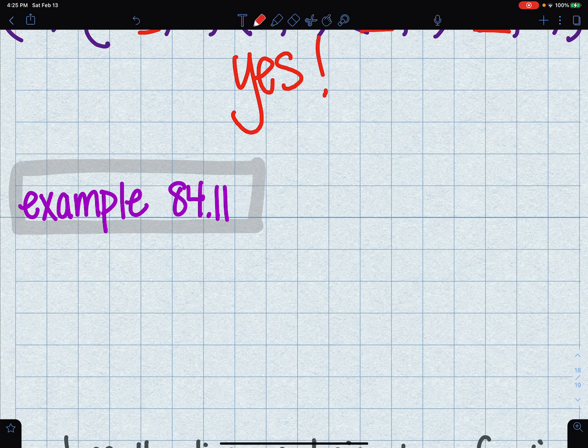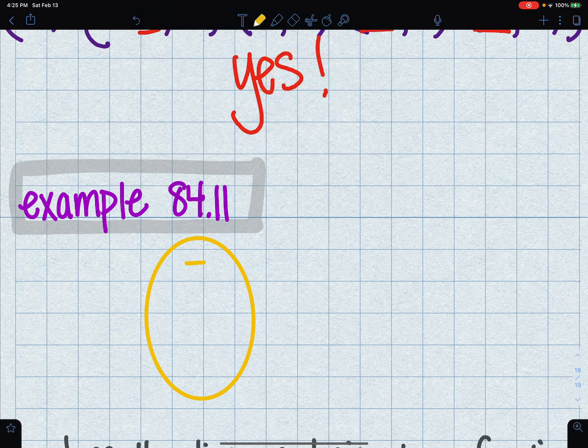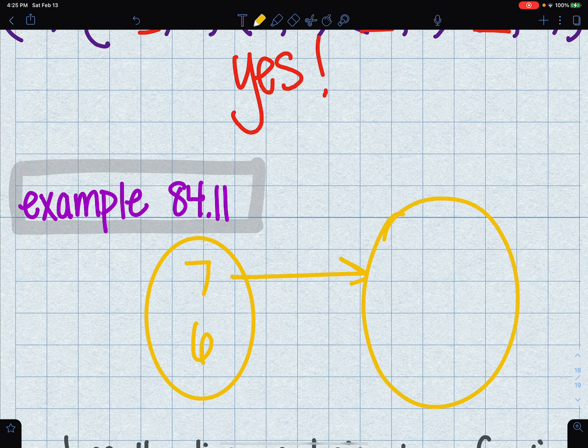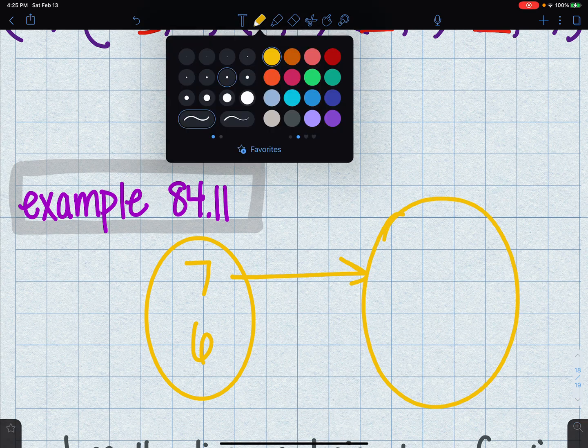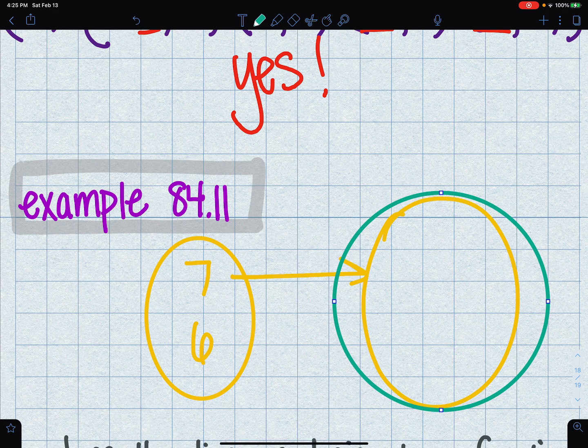So here are my inputs. My inputs are going to be either a 7 or a 6. And then what I get out is the outputs. Sorry, the yellow is hard to read, so I'm going to do it like this. These are my outputs.